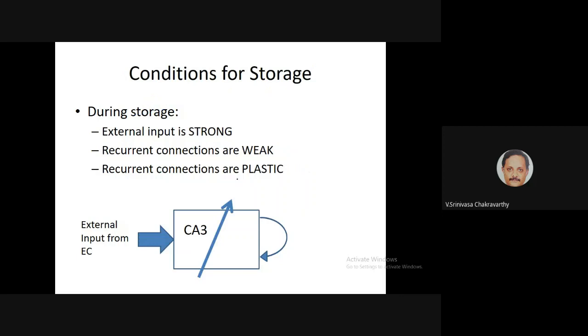There must be some other higher agent which decides whether the connections in CA3 are plastic or not. This is not the natural plasticity which is driven by external inputs, right? There must be something which permits them. Okay, now you can be plastic, you can change according to your Hebbian rule. Now you cannot be plastic, so I won't permit you to change. So you need some kind of higher agent which controls the plasticity.